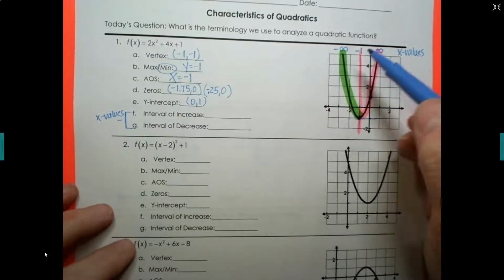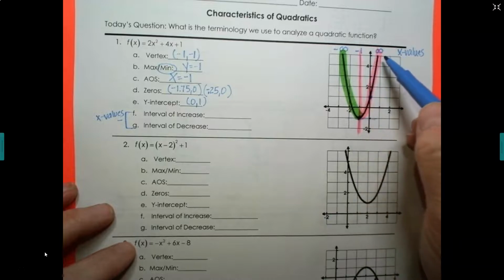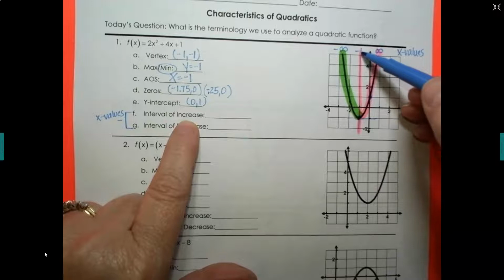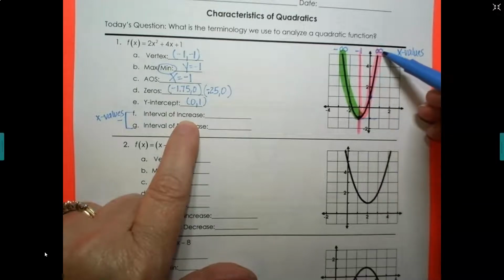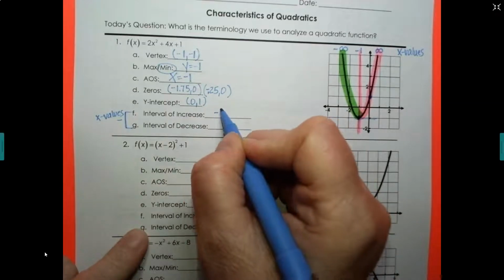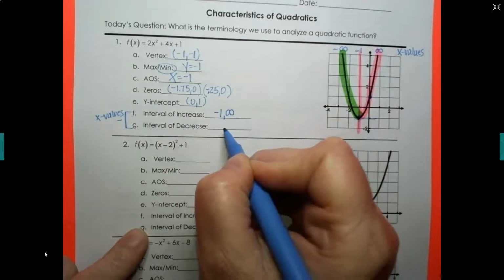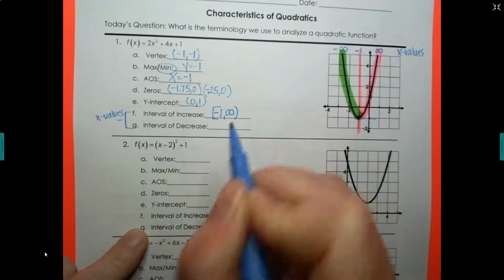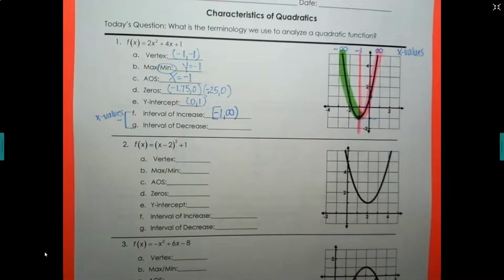Now seeing this, we can see our intervals when we label it like this. The interval of increase starts at the vertex x value, which is -1, and it's going to continue to increase forever into infinity. So we have -1 to infinity. -1 we can be equal to, so we're going to use a bracket. Infinity we cannot, so we're going to use a parenthesis.